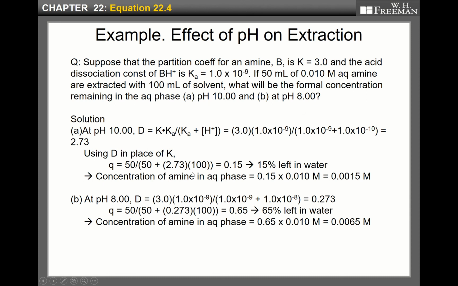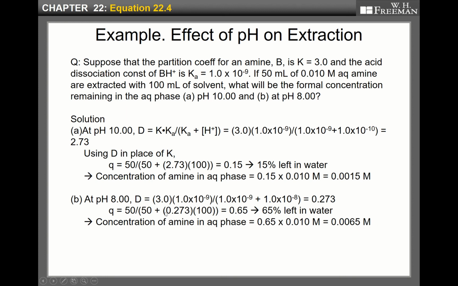The same calculation is done at pH 8. First you calculate the D here, which is 0.273, and then Q is 0.65, so 65% is left in water. So in terms of molar concentration, 6.5 millimolar.